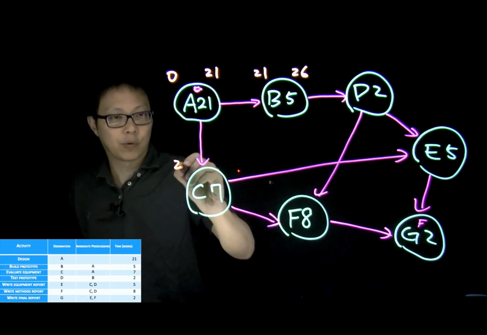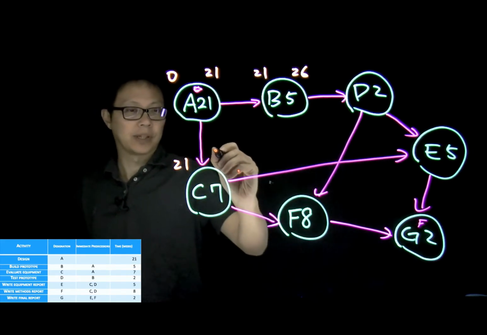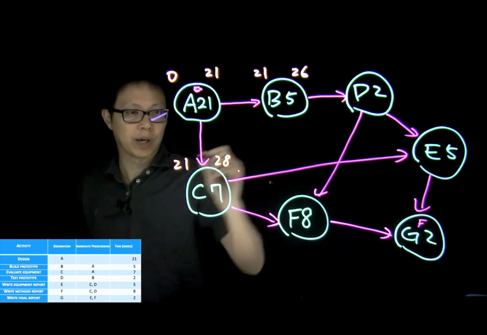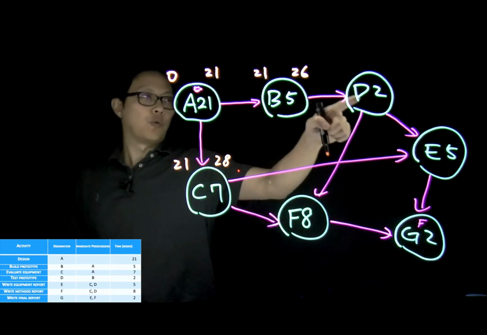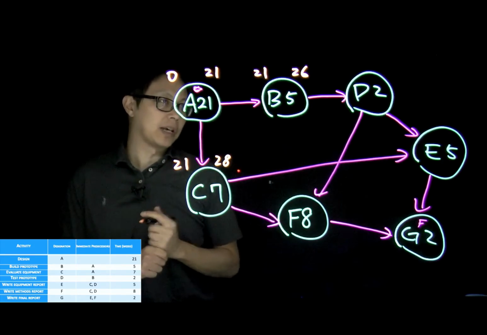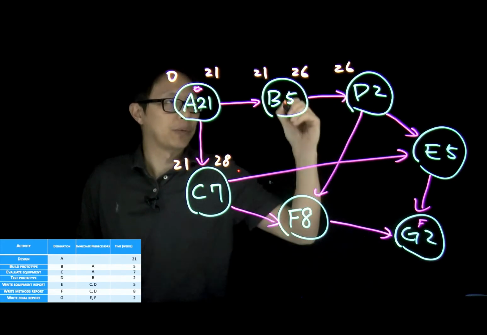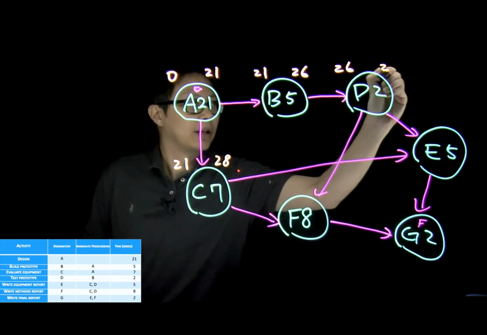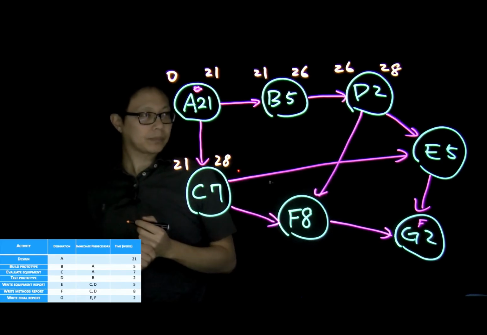So the earliest time we will be able to start on C will be 21. Duration will be 7. So we will be able to finish at time 28. We cannot start to work on D until we finish B. So the earliest time we can start will be 26. The time we can finish will be 28.